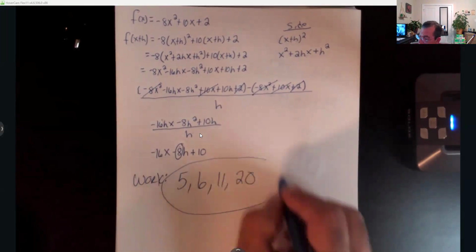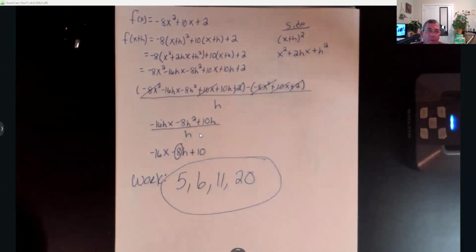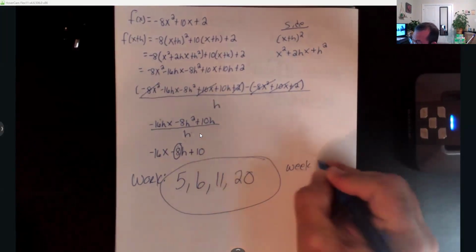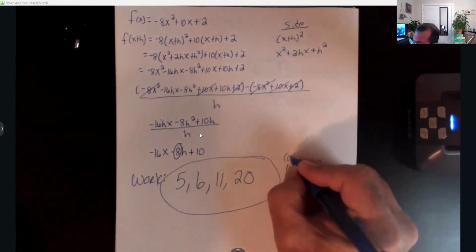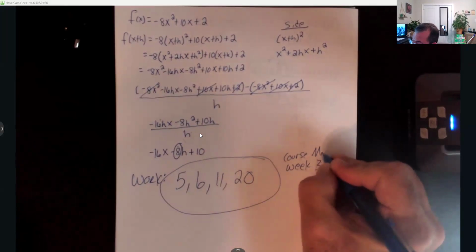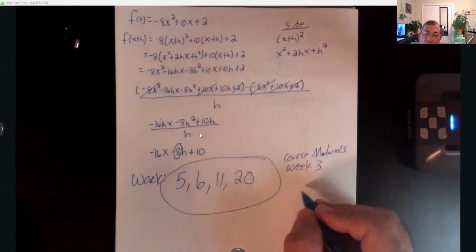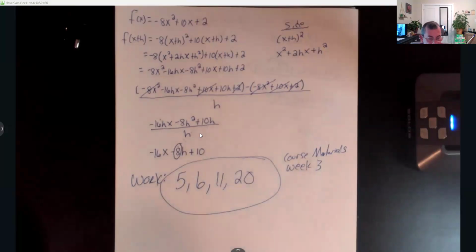Those are the 4 you got to take a picture of and upload into the math lab, and that'll go on week 3. So under course materials, go to week 3 and it'll have test 2 work.